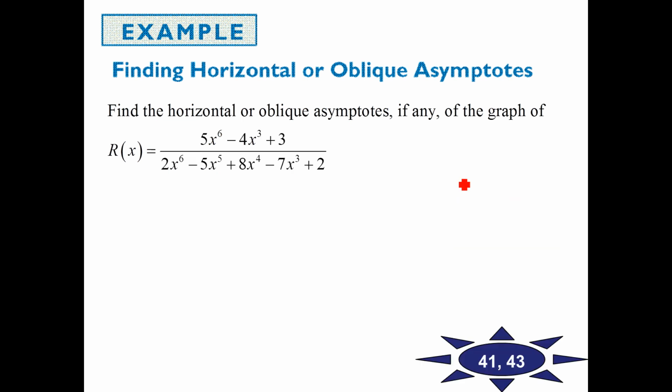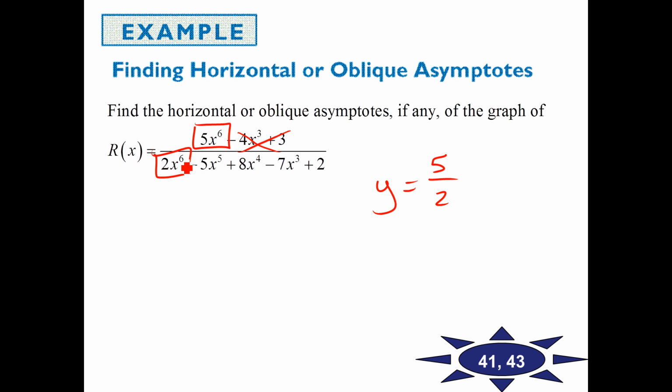Okay. Try one more of those. 6 versus 6. So y equals 5 over 2. Now here's why this is the case. Think about what happens as x gets really, really huge, like a billion. Alright, a billion to the 6th is so big that a billion cubed plus 3 won't really matter at all.